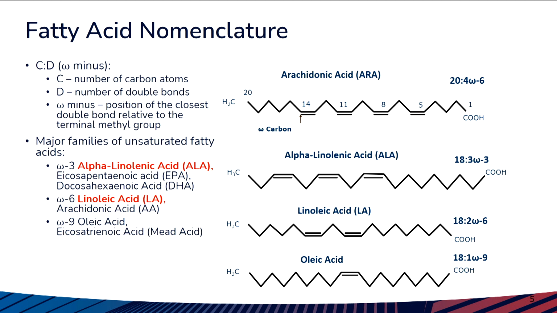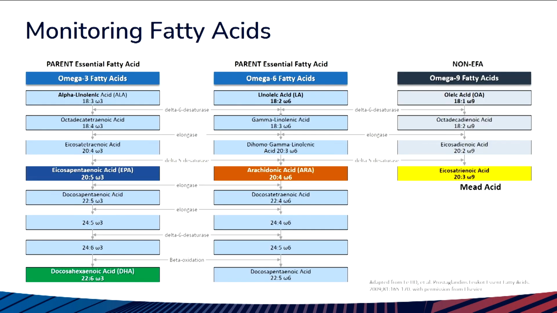When we look at these, we have our omega-3s, omega-6s, and omega-9s. Those are your biggest families of fatty acids. It's all relative to where that double bond is, and whether it's a 20 carbon chain versus an 18 carbon chain, as you can see in the diagram. This is probably one of my favorite slides.